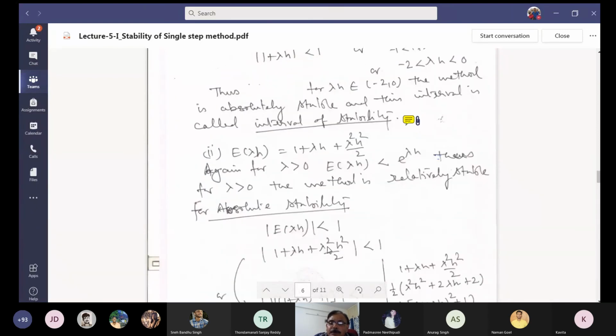This is a simple inequality. For absolute stability, the magnitude of E(λh) should be less than 1. So the magnitude of 1 plus λh plus λ square h square by 2 should be less than 1. What will be the interval of stability?